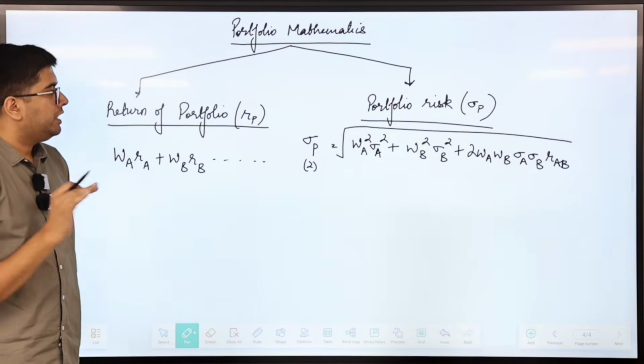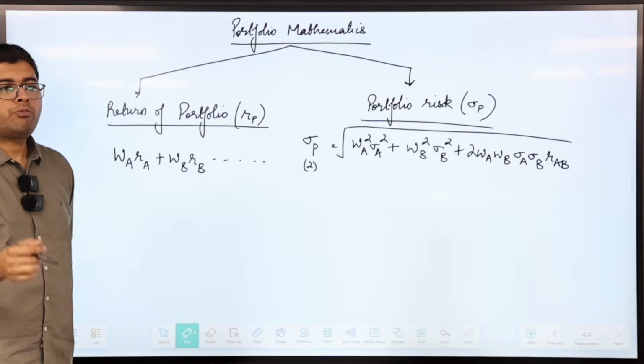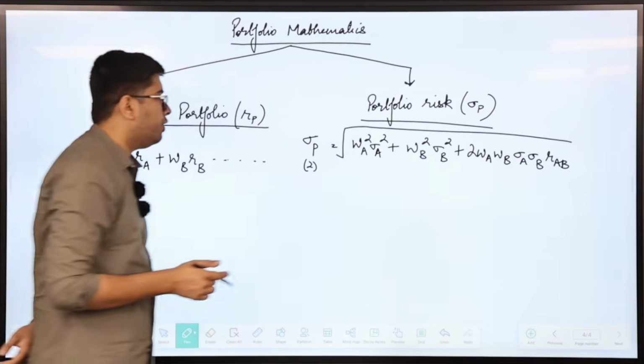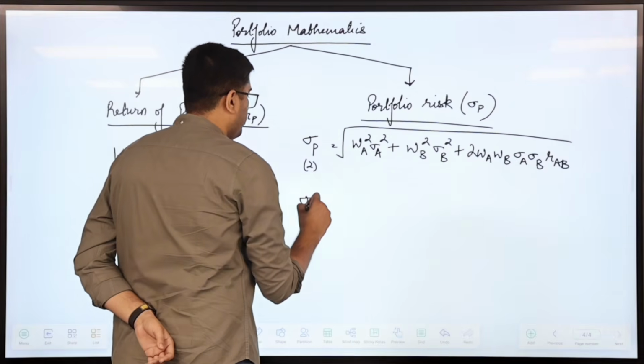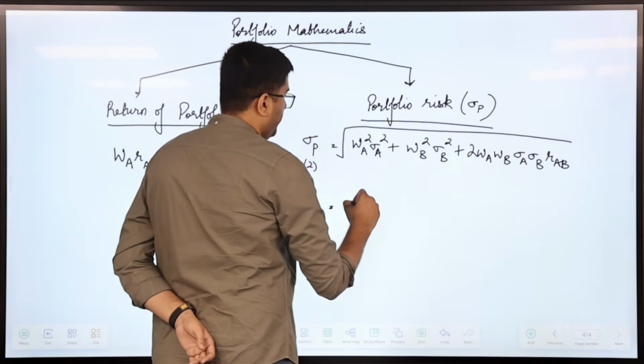Most of the times, this is the formula that you'll be using, but there is one unique kind of question that you get where you have covariance matrix given. In those kind of questions, a three security portfolio is also possible to be tested.